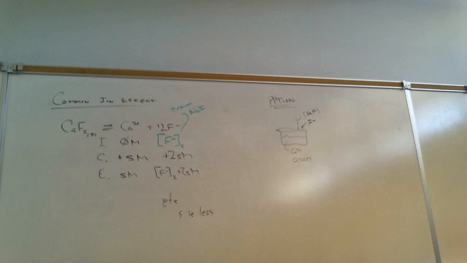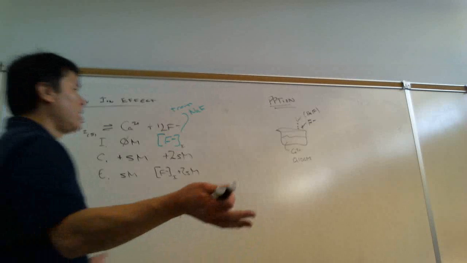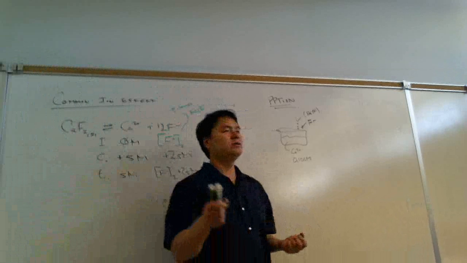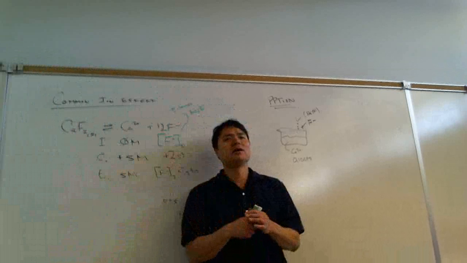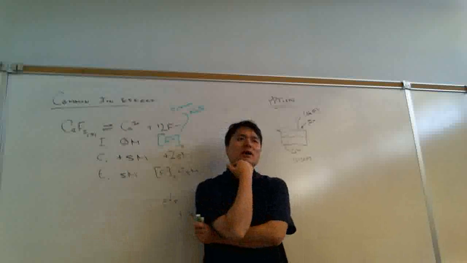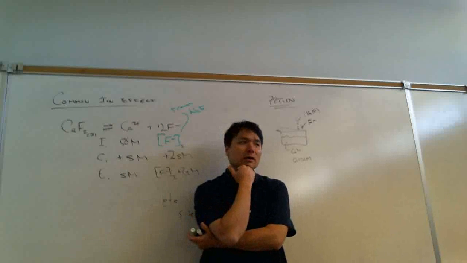Sometimes you have to worry about these precipitations because of complex formation. So for example, when you were doing copper yesterday, what happens? If you want to precipitate out the copper, you used ammonia.